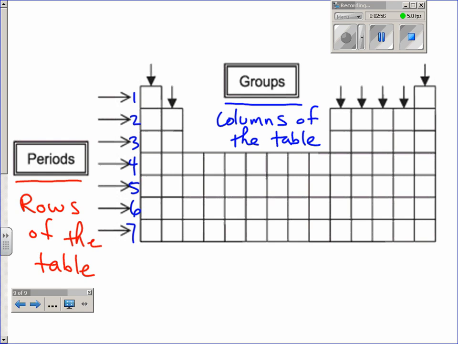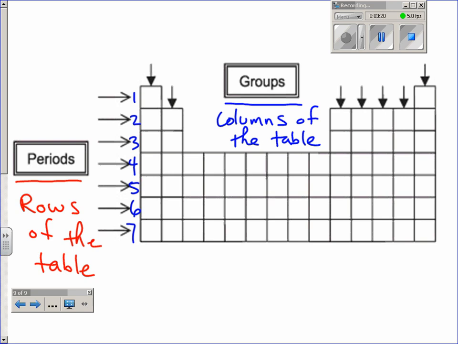Now, the table that I gave you has Roman numerals as the group headings. So not all tables have the groups listed the same. The table on your left on the wall has the group numbers 1 through 18. Some tables are listed like that.